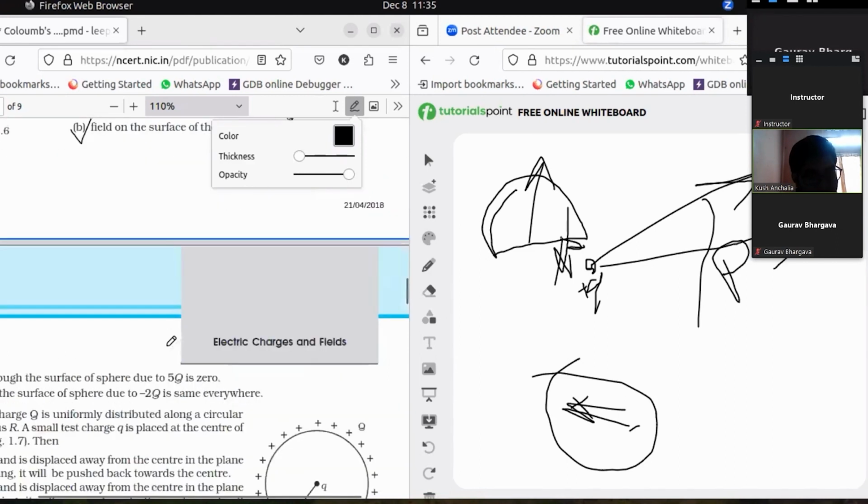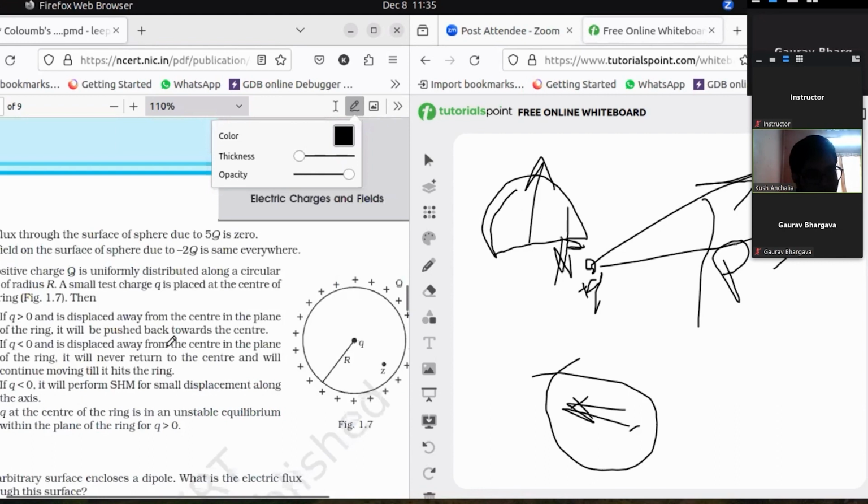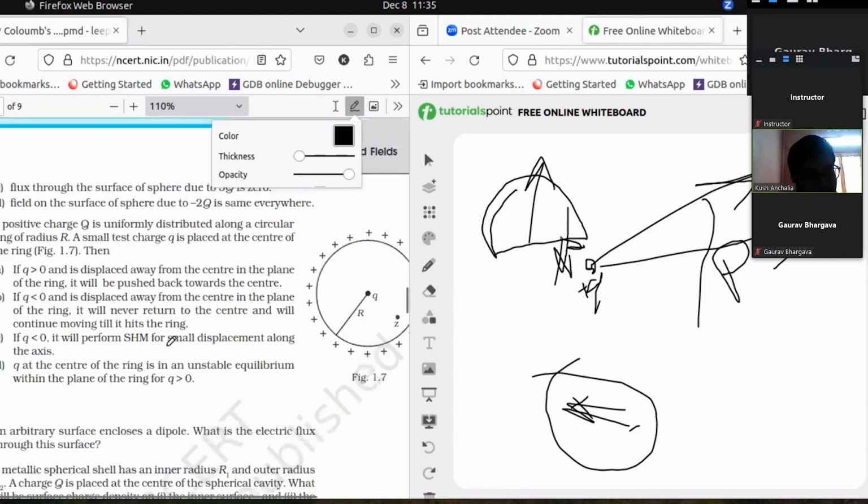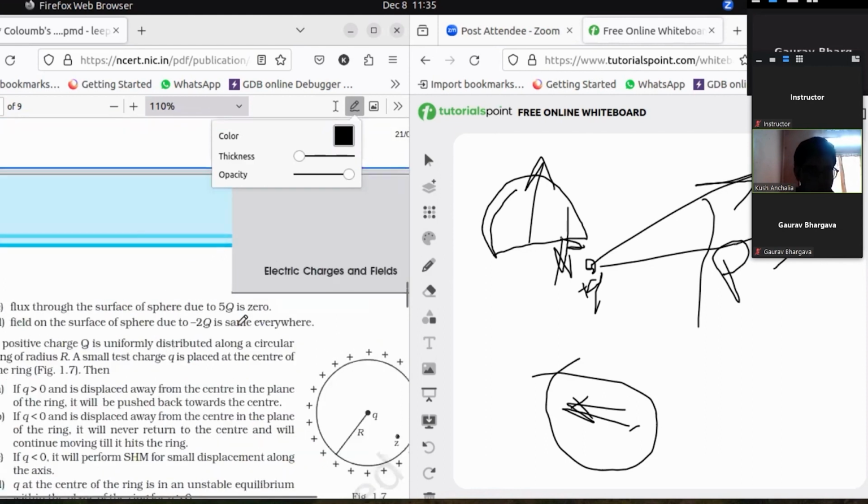The flux on the surface due to 5q is 0. Okay, 5q is there. No, we cannot say the flux through the surface of the sphere is 0. We cannot say this. Okay, minus 2q is severe. No, this one also we cannot say.